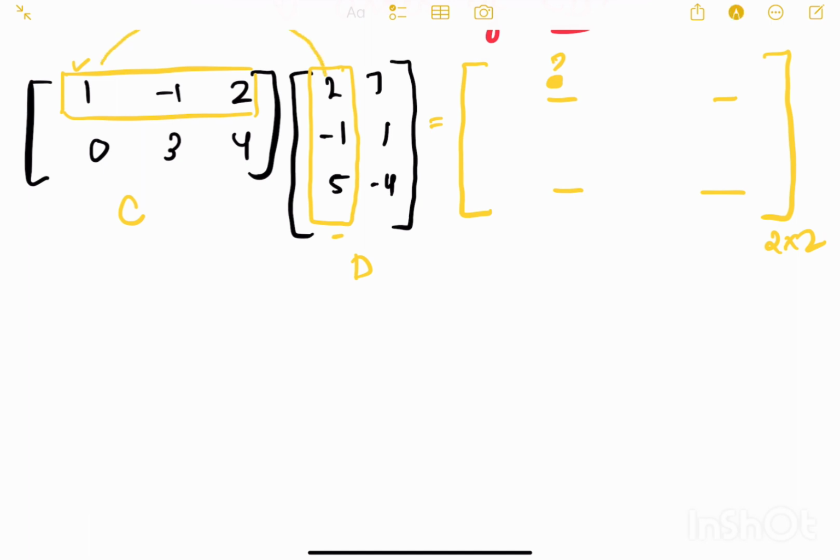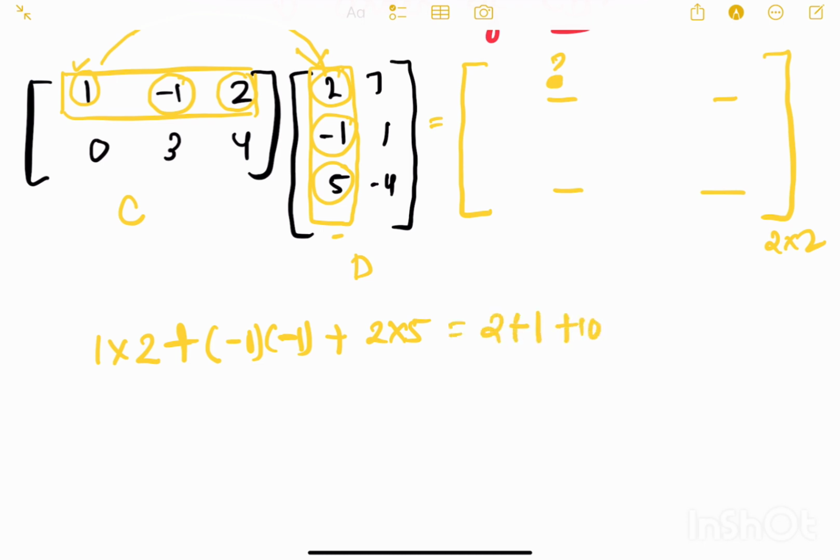I will multiply the first elements. This is 1 cross 2. I will put an addition sign. Then what is my next element? Minus 1 and minus 1, so this is minus 1 multiplied by minus 1. Then again I will put the addition sign. What is my next element? It is 2 and 5, so I will multiply 2 and 5. What is my resultant? 2 plus 1 plus 10.